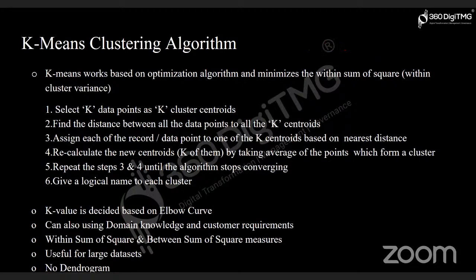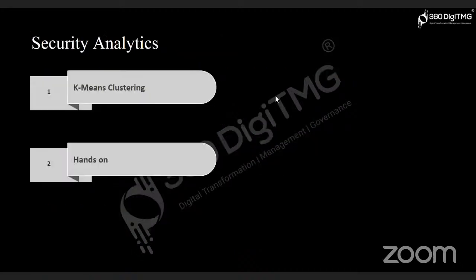Within sum of squares is basically the square distance between data points within a cluster. You can use distance metrics like Euclidean, Manhattan, Mahalanobis, and there are many different ways in which you can calculate this within sum of squares. So basically what you're doing is trying to determine the ideal number of clusters by taking the distance.